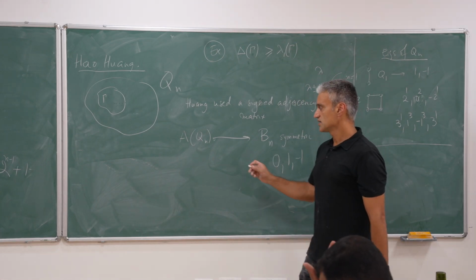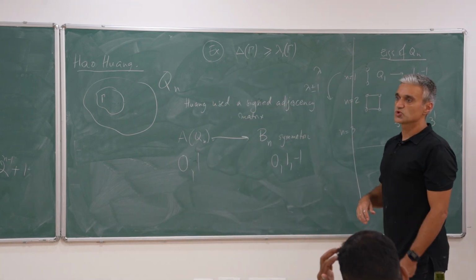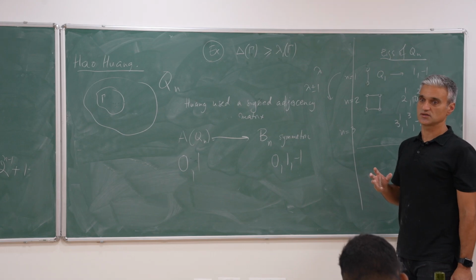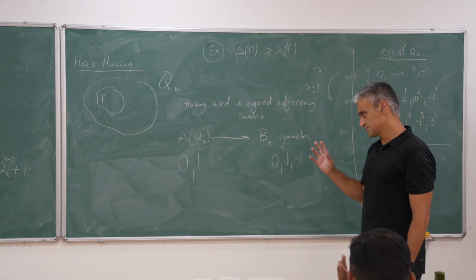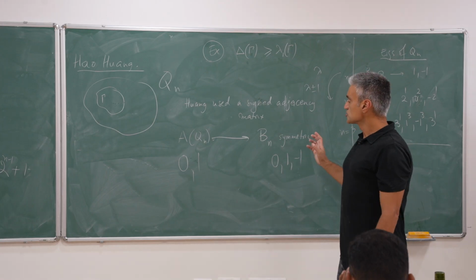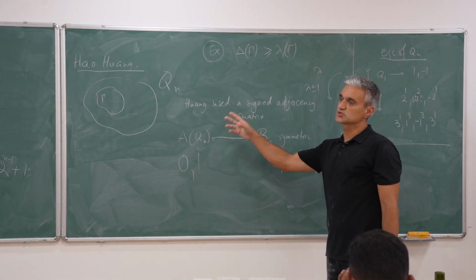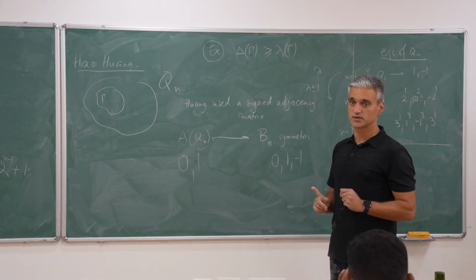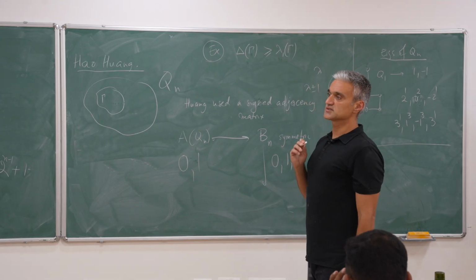In the usual adjacency matrix you just have zeros and ones. So he changed some entries, he did it recursively, but you can do it in other ways. He showed that for the cube with n dimensions, you can find a signing, so you can change some of the 1 entries to minus 1s, such that this matrix B_n has a very nice spectrum.